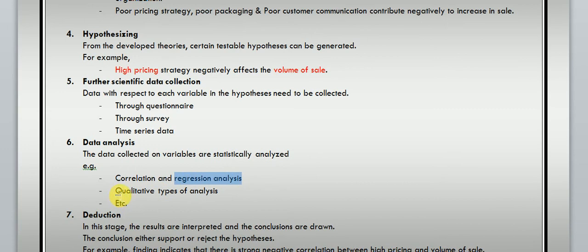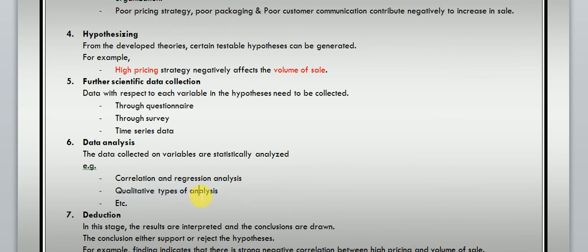Sometimes you use qualitative analysis, where you conduct interviews and collect data from different customers, and then you put the data in different categories. The narrative data from interviews may be put in scales or categories, and on the basis of that some output or result is produced.